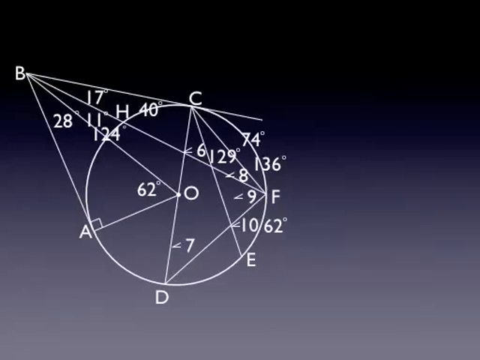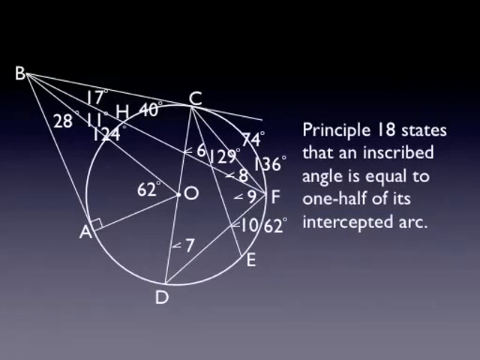Now let's look at angle 6. Principle 18 states that an inscribed angle is equal to 1/2 of its intercepted arc. An inscribed angle is an angle that has all 3 points within the circle, on the edges of the circle, such as angle 6.